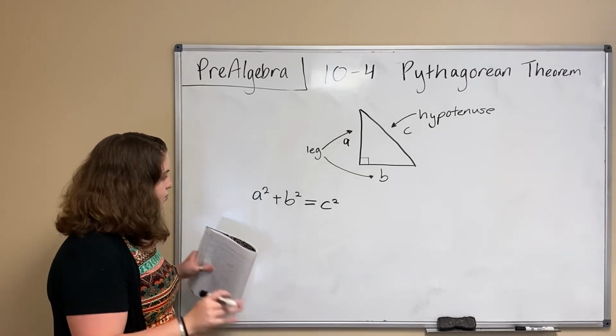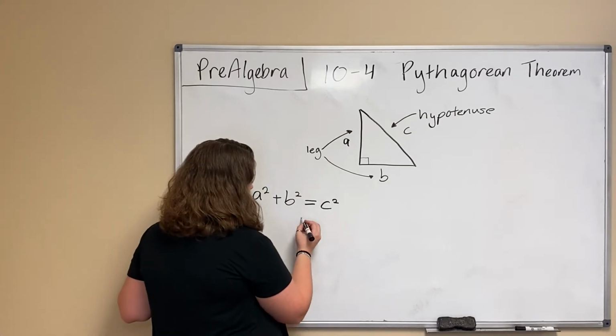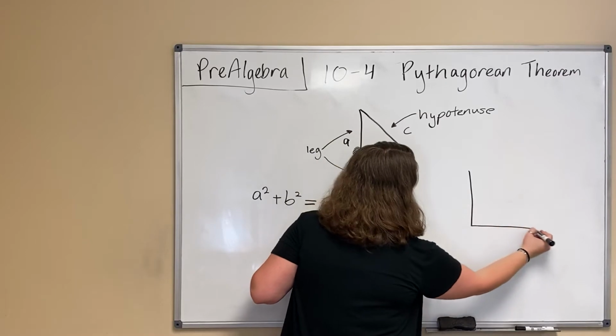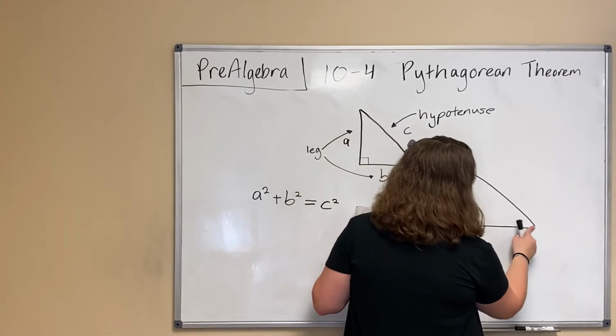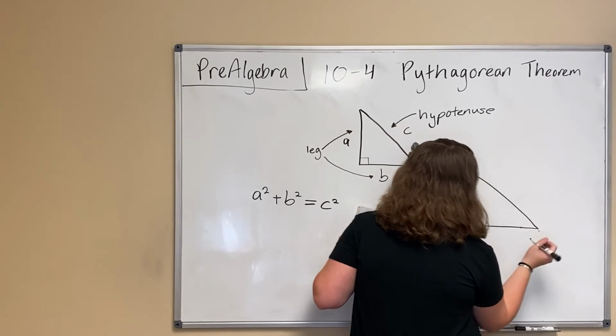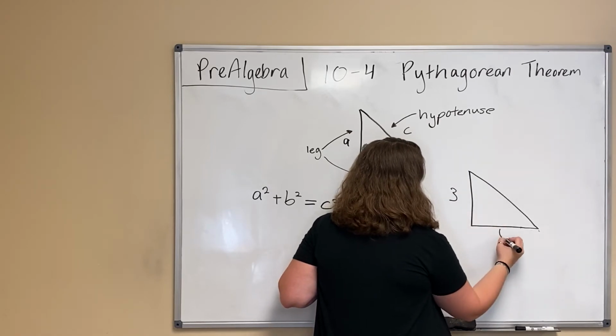The way that we will use that is, suppose I had a right triangle. I'm going to draw it over here. A right triangle. And I told you this side measured 3, and this one was 4.